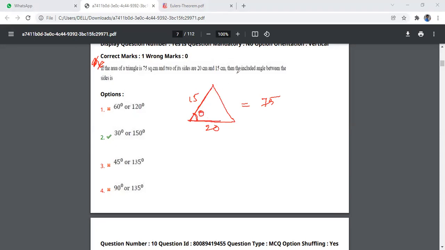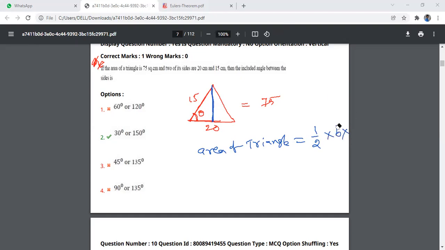For our convenience, if you take a perpendicular line, it becomes a question from trigonometry. So what is the formula? Area of triangle is equal to 1 by 2 into the product of the given two sides into sine theta.